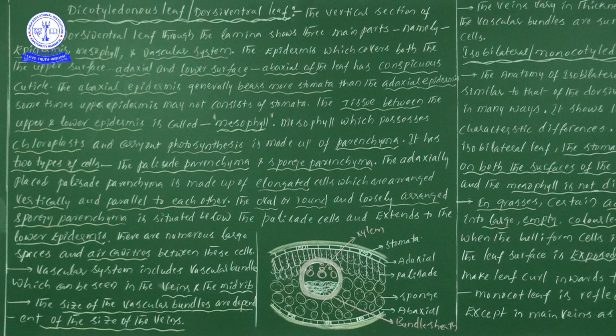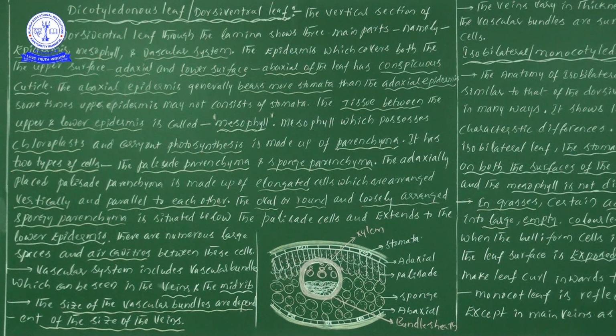Let us learn peacefully, and while the class goes on, try to learn the information easily. Now, if you take one dorsiventral leaf through the lamina, we can find three main parts, namely epidermis, mesophyll and vascular system. First we will observe the epidermis, later the mesophyll tissue, and finally the vascular system.